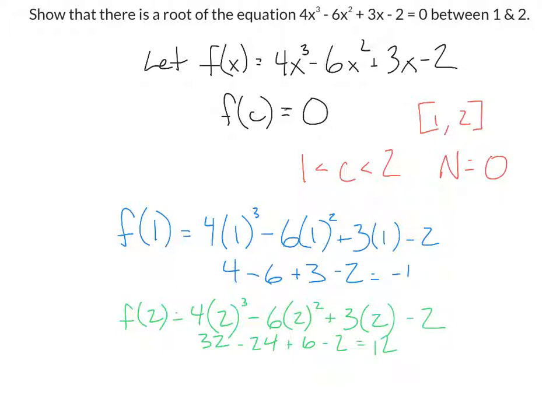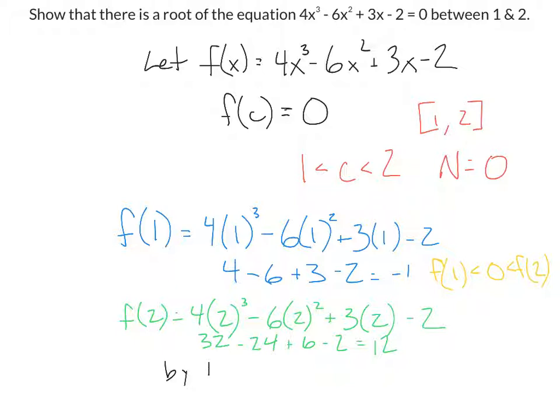So what we just showed is that our value n, which was 0, sits somewhere between f of 1 and f of 2. F of 1 being less than 0, and f of 2 being greater than 0. So by the intermediate value theorem, we must have some c that makes f of c equal to 0. And I'll just shore this up by writing this down.